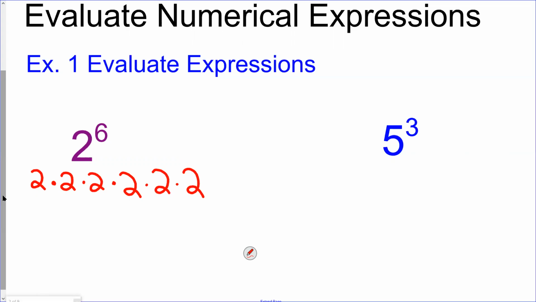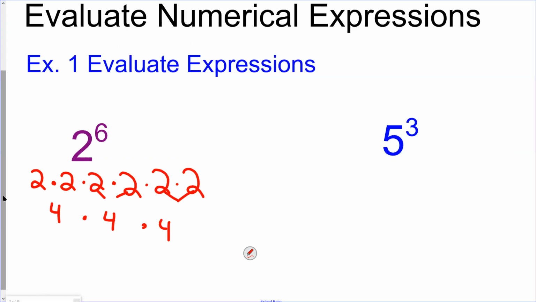So then we just go through and we actually solve this. We evaluate this. Well, our brains can only compute 2 numbers at a time. So let's do 2 times 2. 2 times 2 is 4. We can do these 2 times 2. These 2 times 2 are 4 as well. And we can do these 2 times 2, and these are 4 as well. We took 6 numbers, crunched them down to 3 numbers.